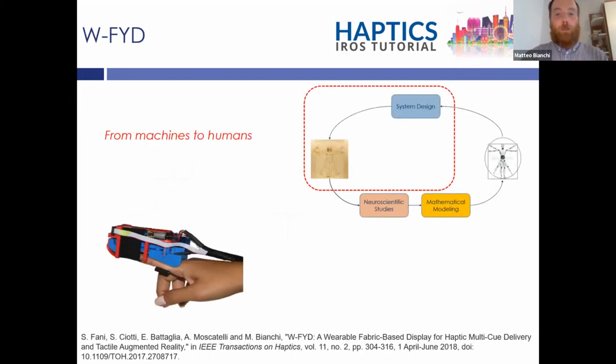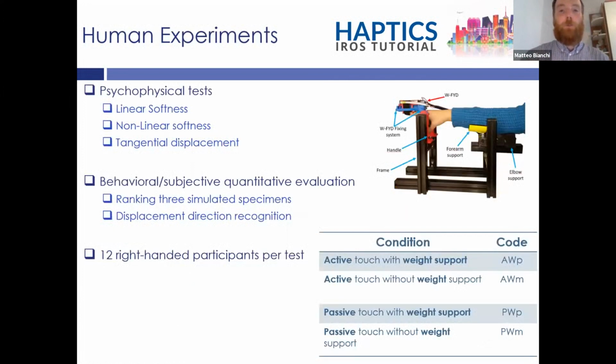Once we developed a system, especially a haptic interface, we cannot be satisfied only based on quantitative measurement of the control mechanisms. We have to produce something to be used by humans. So we have to go back to humans. And what we have to do is to test, for example, the just noticeable difference, so the minimum amount of stimulus difference that can elicit a different perceptual response in the users.